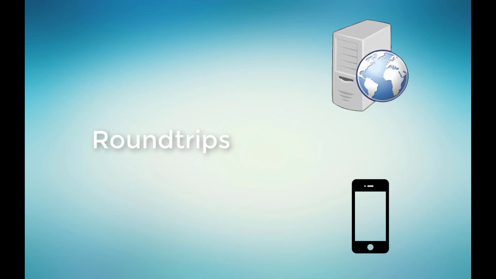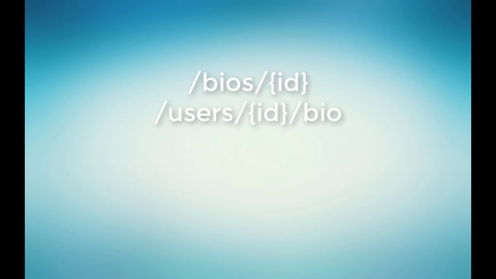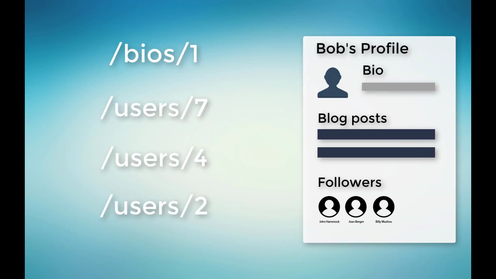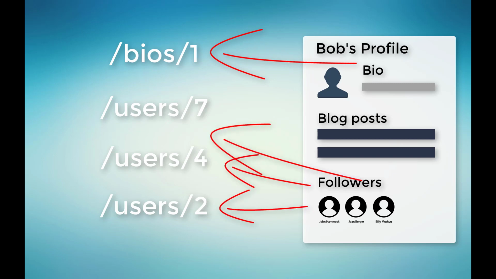We could also have a user's bio on another endpoint or have followers on another endpoint, but we would still be making a lot of round trips every time we wanted to see a profile page. Then we would need to go to our endpoint for the bio and the endpoint to get the followers and so on. We'll still be making a lot of round trips.